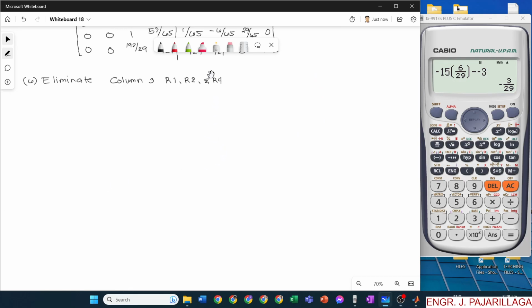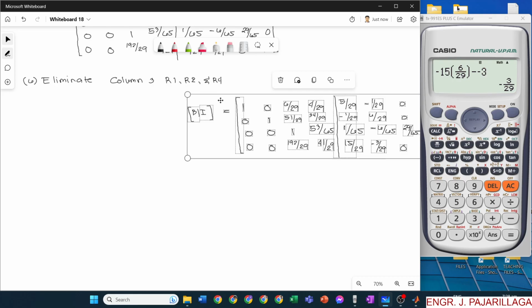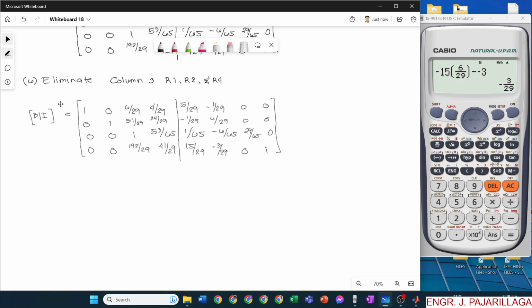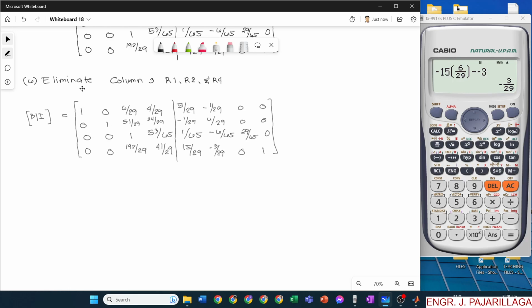Okay. So, control V ko na lang dito. Ito yung ating kapapivot lang na matrix. So, i-apply natin yung elimination on row 1, row 2, row 3 ng column 3. Okay? So, for row 3, there should be no operation since ito yung ating active row from the last step.